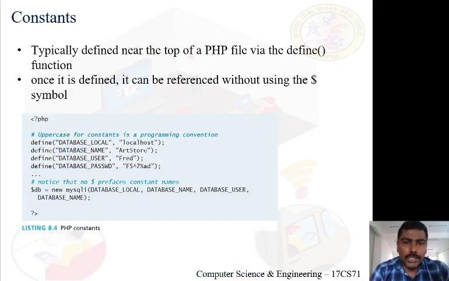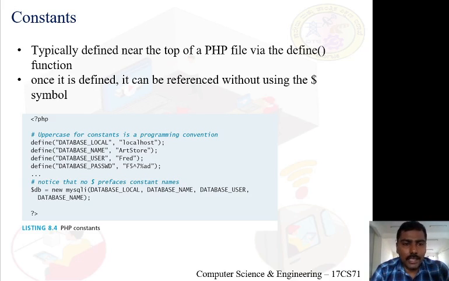Now coming to constant. A constant can be declared using define. And once constants are declared and initialized with a value, we are not going to use dollar to access them further.